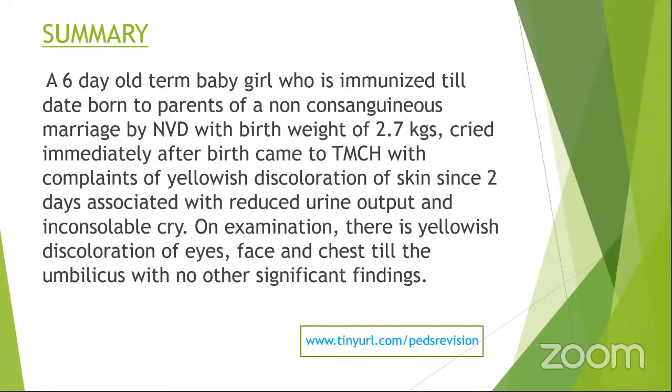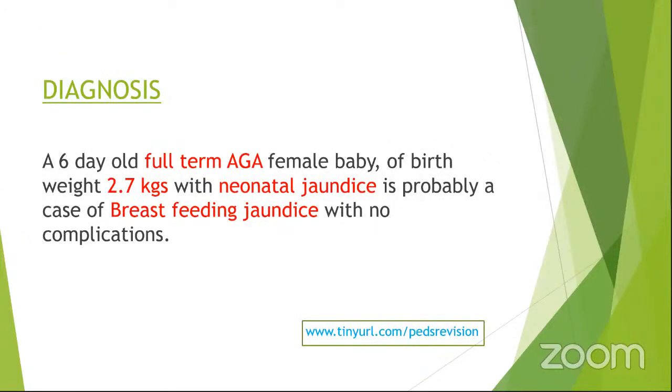On examination, there is yellowish discoloration of eyes, face and chest till the umbilicus with no other significant findings. Diagnosis: a 6-day-old full-term appropriate for gestational age female baby of birth weight 2.7 kgs with neonatal jaundice is probably a case of breastfeeding jaundice with no complications.